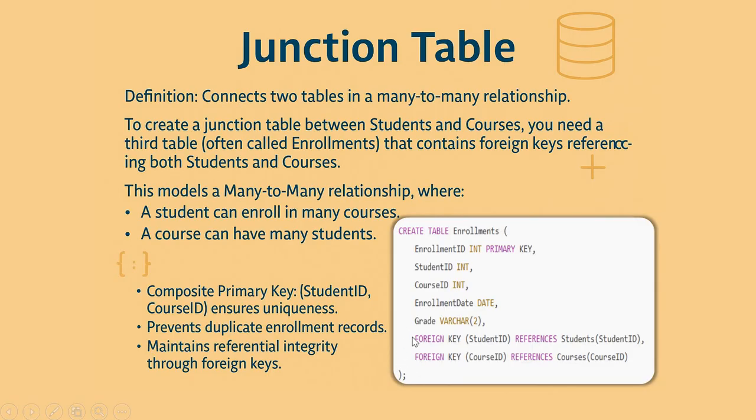And then we need to add these two foreign keys, one to connect the enrollments to the students table as reference, and the second to connect the enrollments to the courses table as reference. By this way, we can identify the many-to-many relationship using SQL.